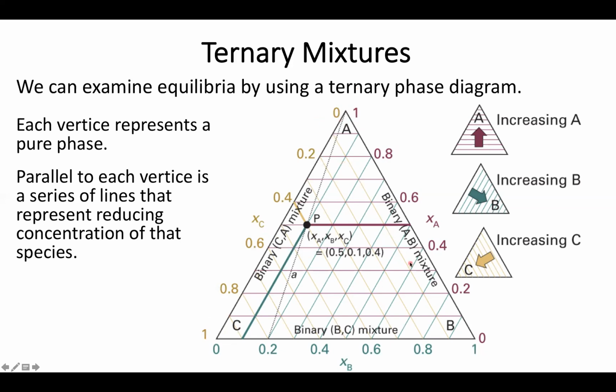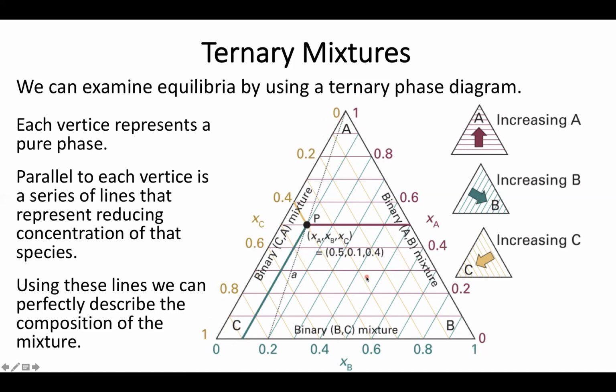And you can, again, do this for any point. And this is actually fairly nice because as soon as I put a point on the diagram, I perfectly describe the mixture of the species. So for example, if I go ahead and look at this point, I'll start by looking at A, which is again at the top.